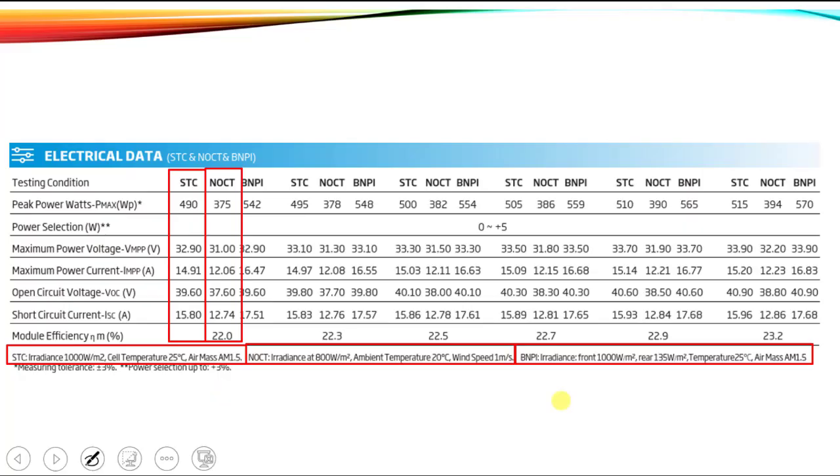The data displayed here is taken from a data sheet of a PV module from a manufacturer, the name not displayed here. These are the electrical data of various PV modules.